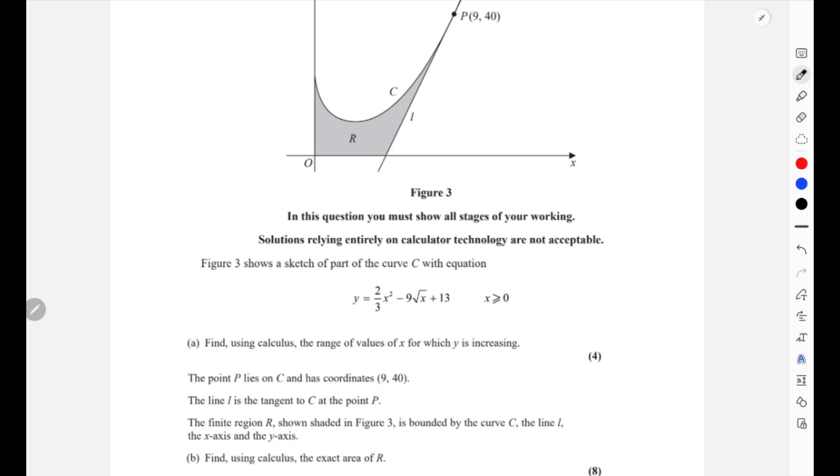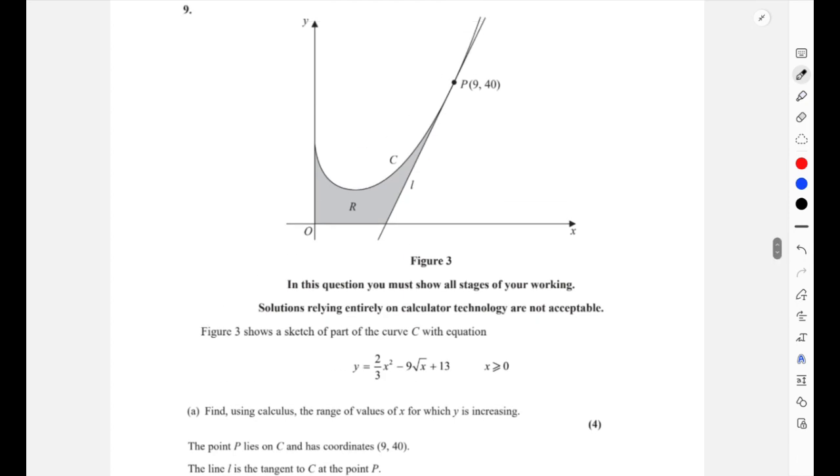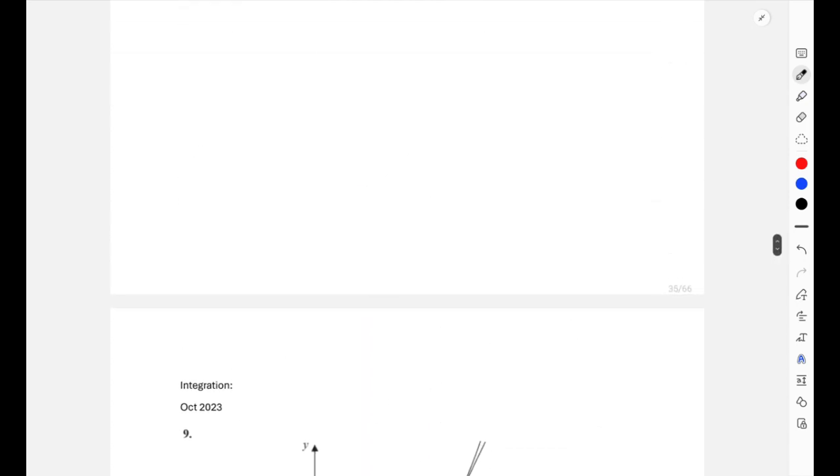Y is increasing means that your differentiation is not equal to 0. This time, for y increasing, your differentiation would be greater than 0. There are a few things to understand. Let me write these in a note.